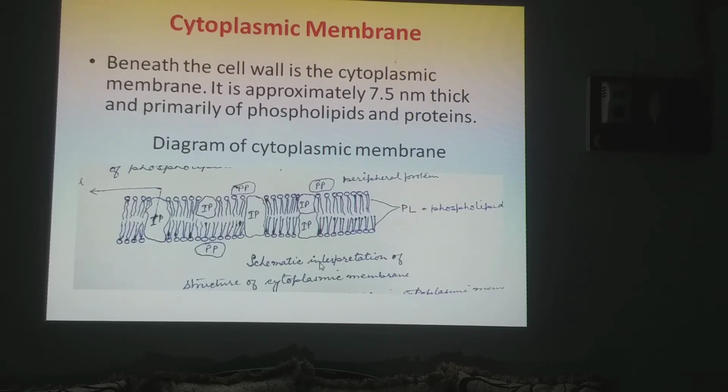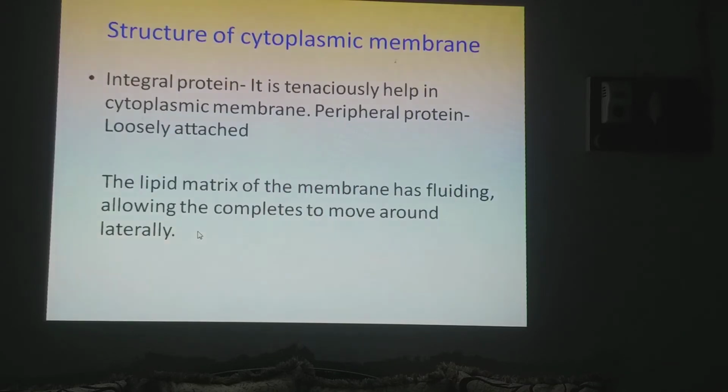So this is the schematic representation of the cytoplasmic membrane. The integral protein helps in the cytoplasmic membrane, holds the peripheral protein, holds the cell wall, and gives density to the whole cell.